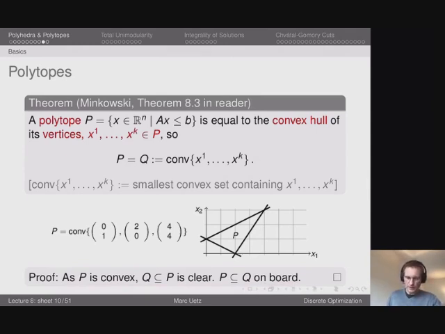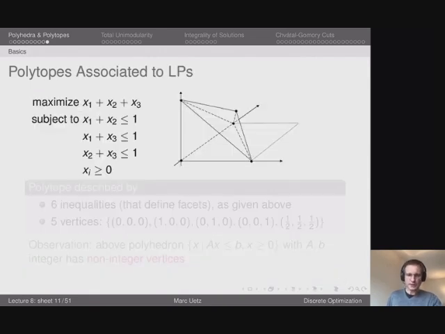And now let's move slowly back to the original motivation. So why did we study polytopes and polyhedra at all? Well, because polytopes are associated to linear programs, to optimization problems, right? So polytopes or polyhedra are the feasible solutions to some optimization problem.